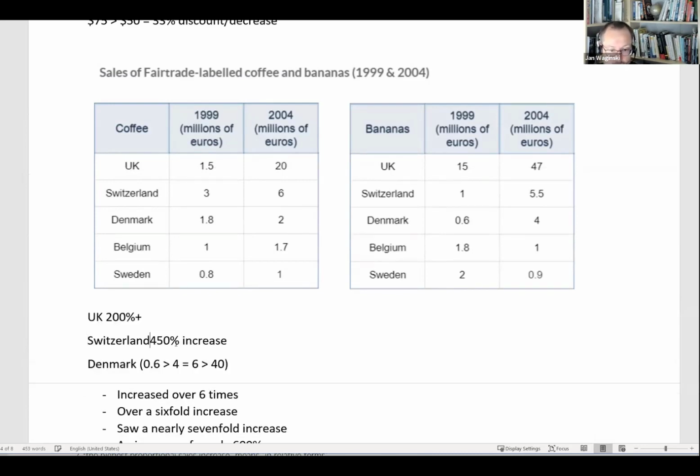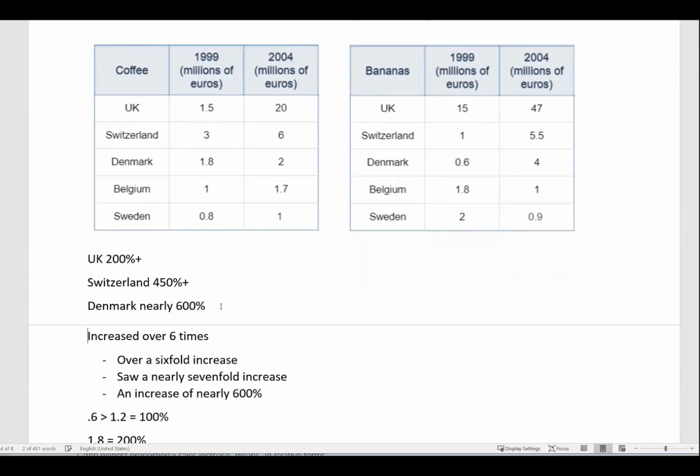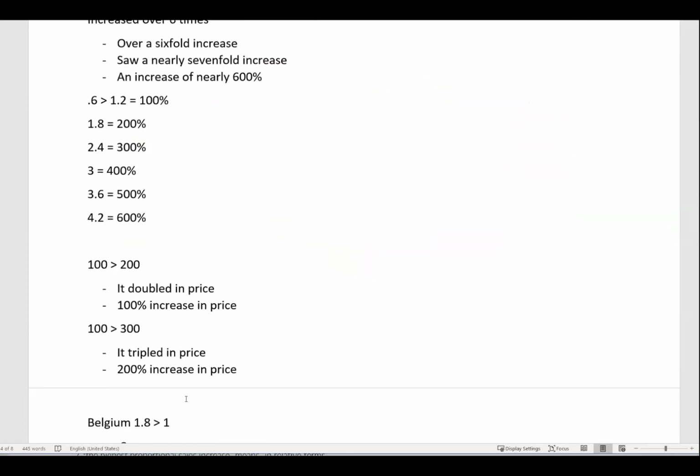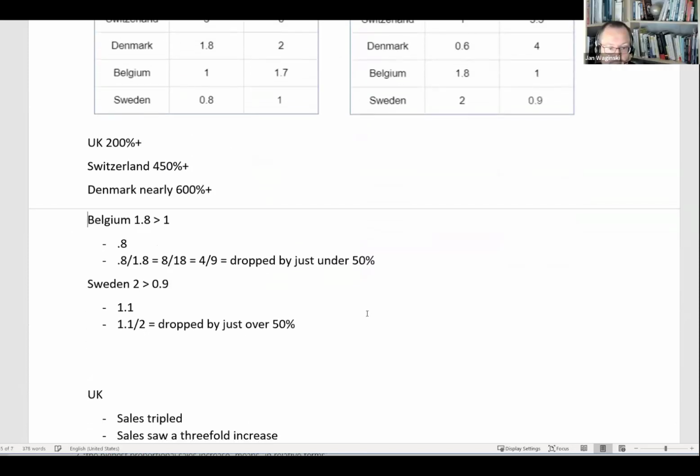Switzerland, 450% increase. Denmark, nearly 600% increase. I think you leave this because when we review, we will. Yeah, I copied it.